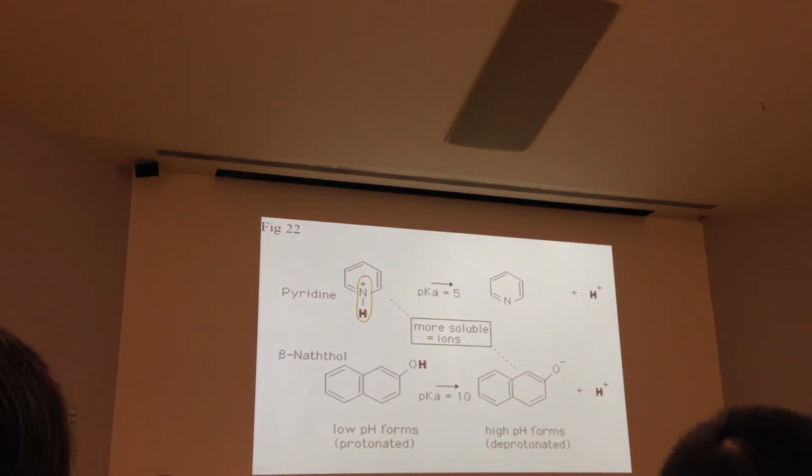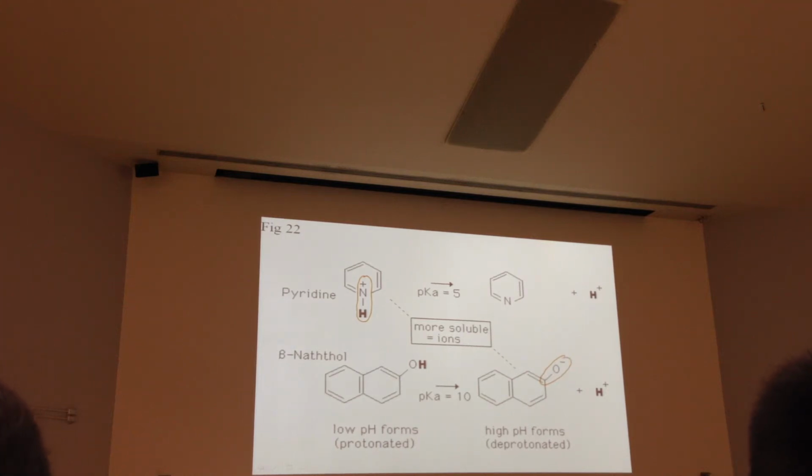The lower one, we have O minus as the ion, and it's the right side, the high pH form. So you have to think a little bit about this. If we have our pK and our pH, what are the two forms? Which is the ion? This is if we have a simple molecule with only one ion.